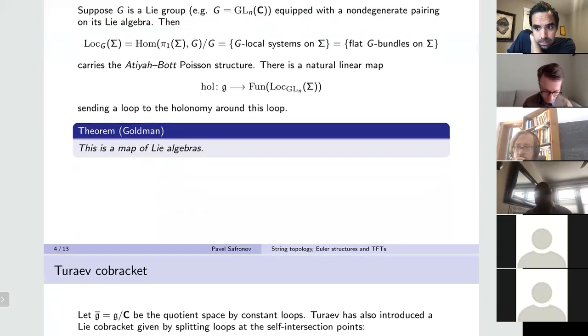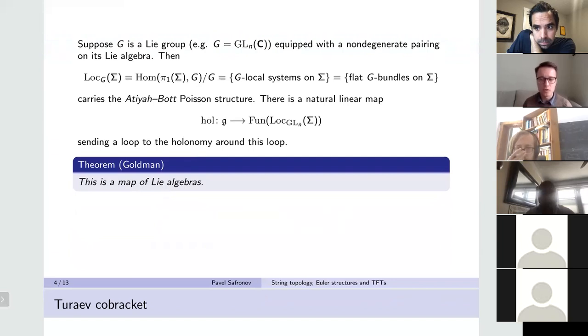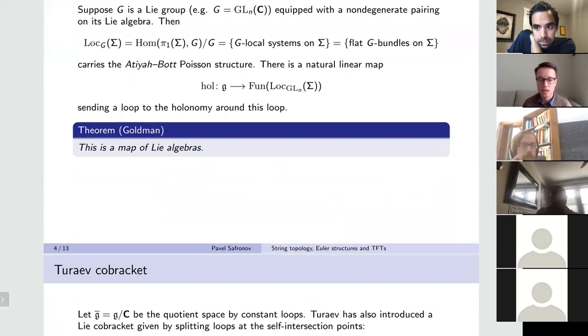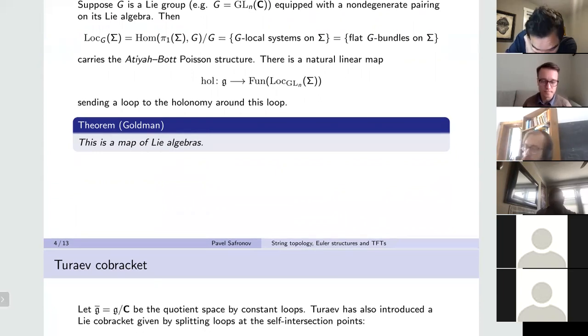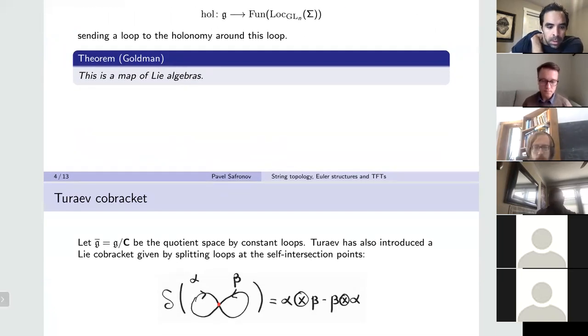Okay. Now let me introduce one more operation due to Turaev. And this is an operation on the same space. So again, I'm still considering loops inside of Σ. Suppose you have a loop inside of Σ, and maybe it has a self-intersection point. Like drawn here, you have a single loop which looks like a figure 8. And the single loop consists of two loops in this case.